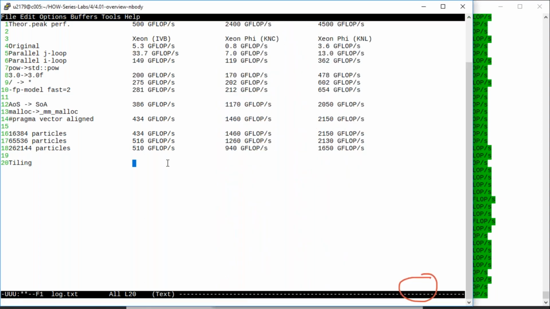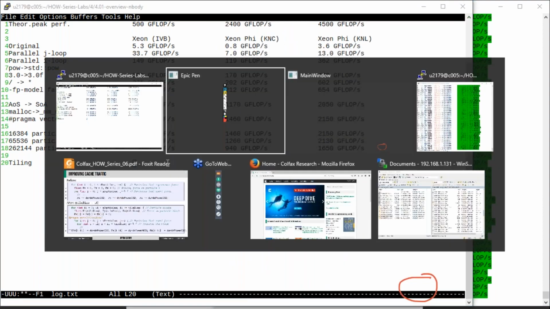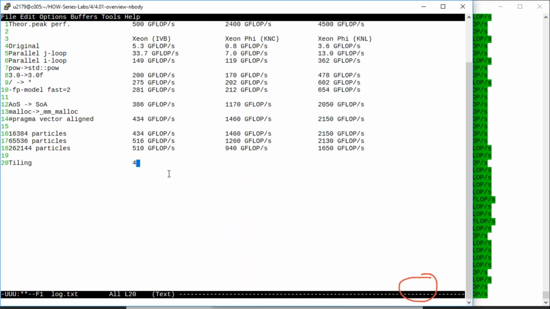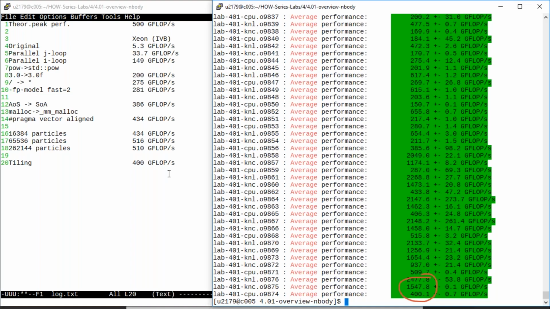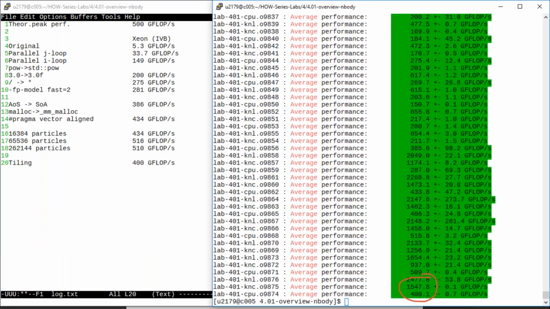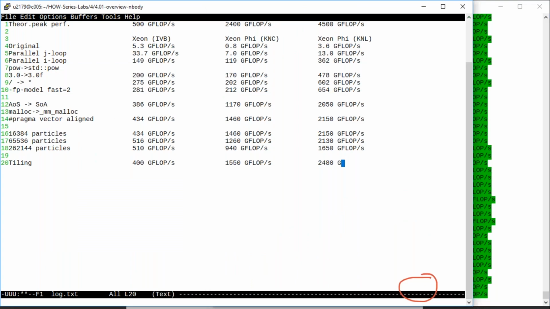So with tiling on the CPU, I'm getting 400, 1550, 2480. So that's all good, because look, this is better than ever. This is better than ever. This went down, and that's not good.